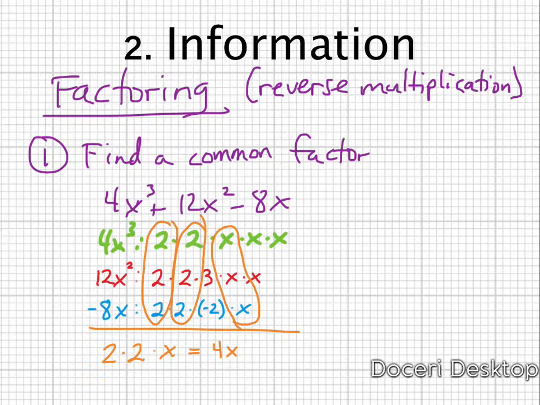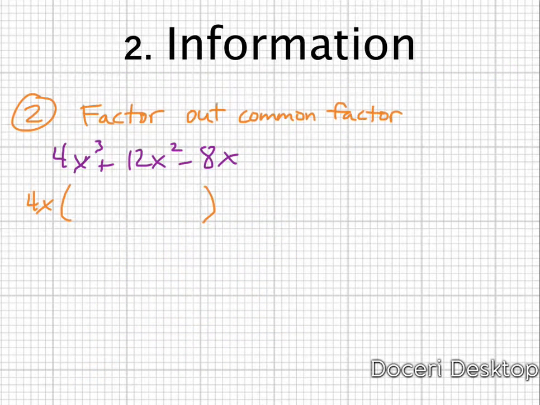If we pull out 4x, what do I have left? I have 2 x's. So that means I have x squared here. And we can check: 4x times x squared is 4x cubed. So we're good. That was a check part, so you don't really need to write that. That's just helping you remember what it is.